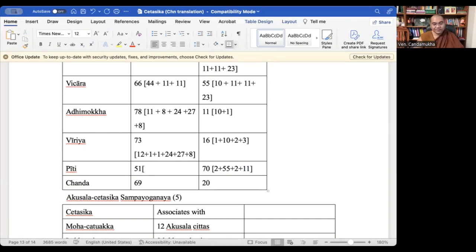What are the 51? Only the somanasa. In the akusala, you can see 4 somanasa that belong to lobha mula. In the 8 lobha mula citta, we have 4 somanasa.